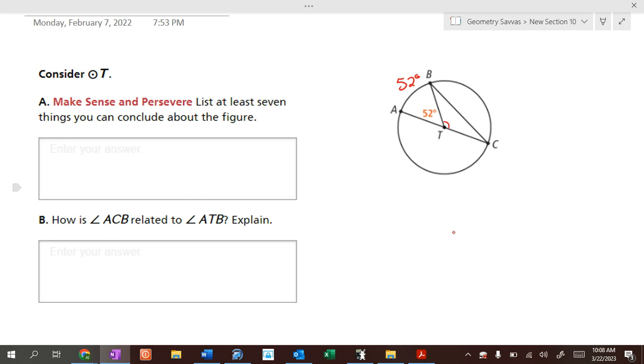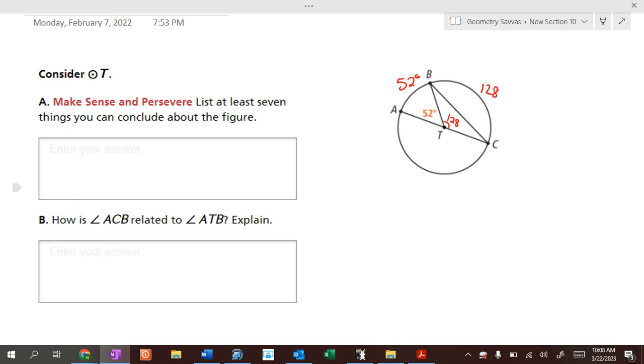We know this angle, right? Because this is a diameter, it goes straight across. The straight line makes how many degrees? 180. What's 180 minus 52? 128. Which makes this 128, right?